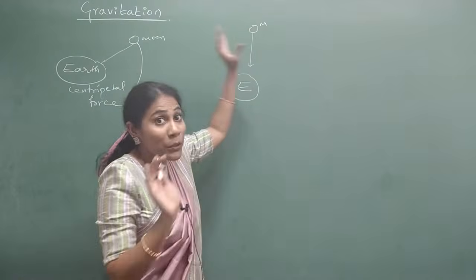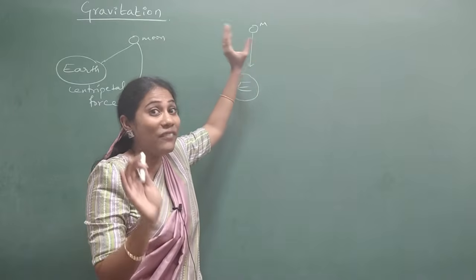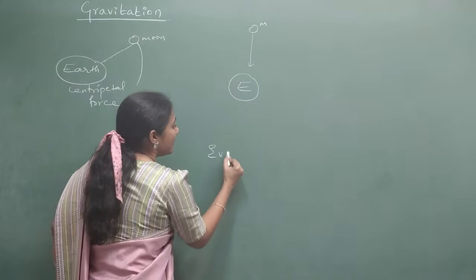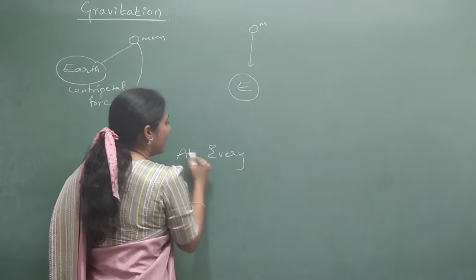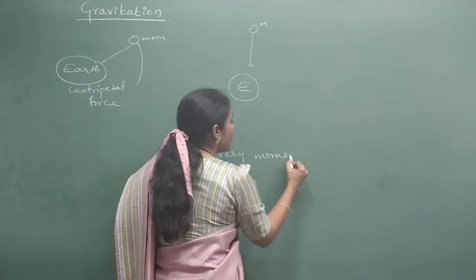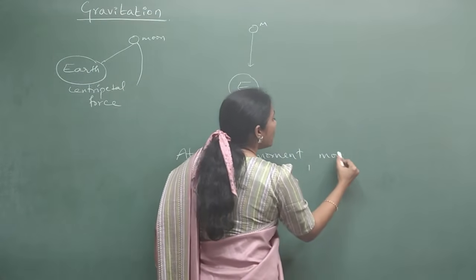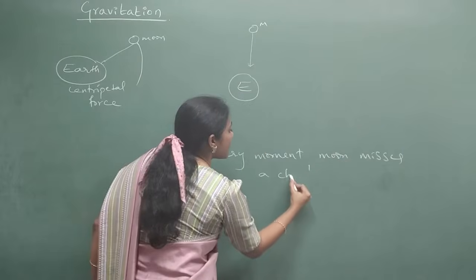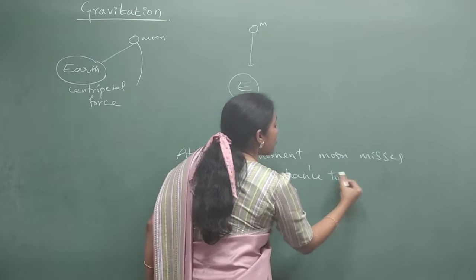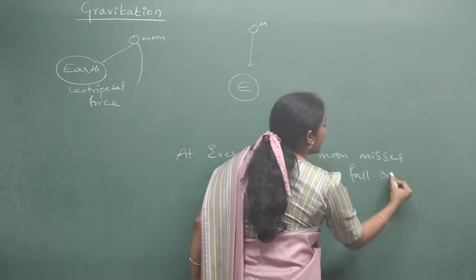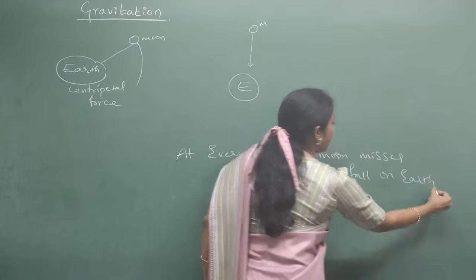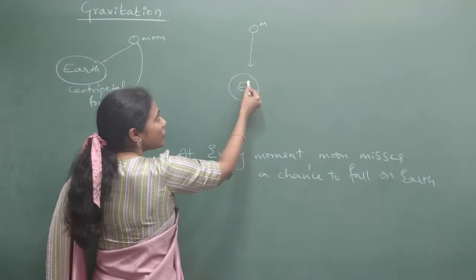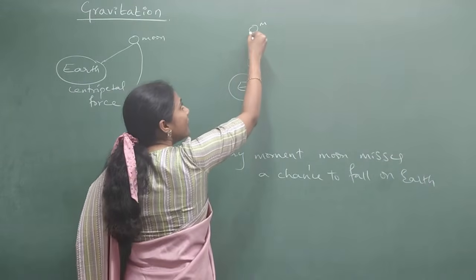At every moment, I repeat once again, the moon misses a chance to fall on earth. Ma'am, how does this happen, right? See, it should actually fall on earth in this direction, but somehow it gets missed.